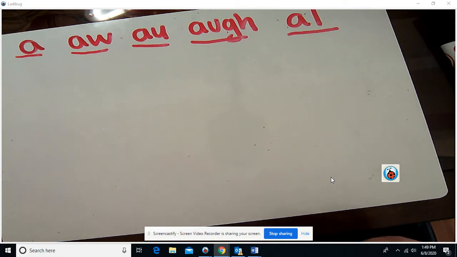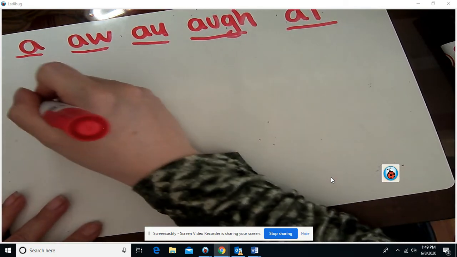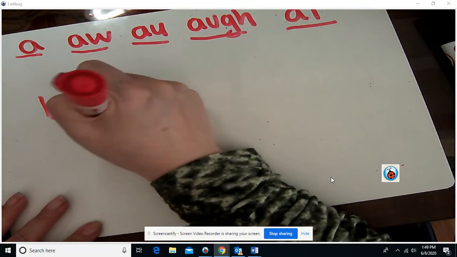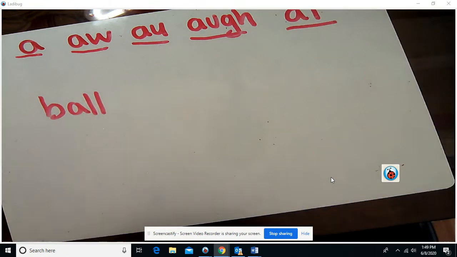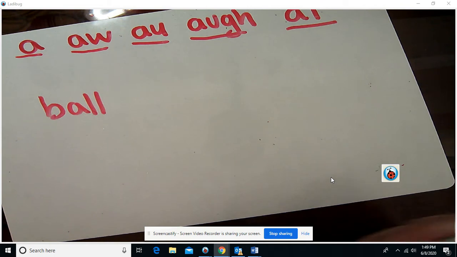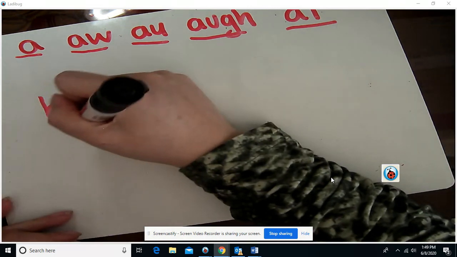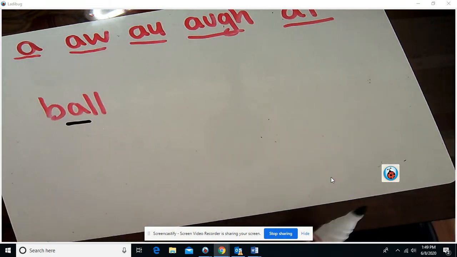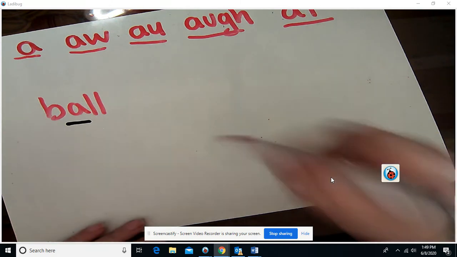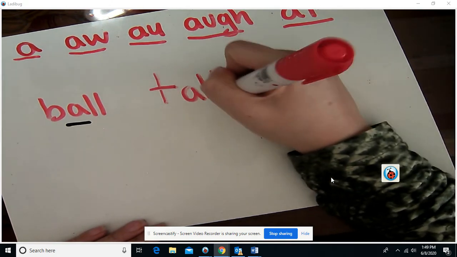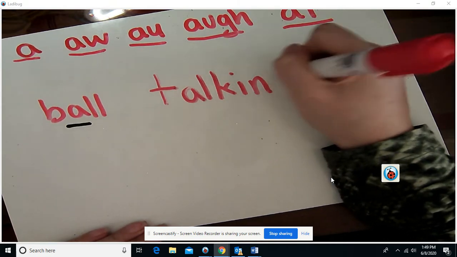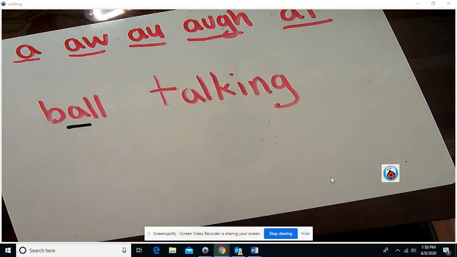For example, if I have the word ball, then we have that ah sound. Ooh, this word's a little bit longer. Talking. So we have talking. This one's tricky because you look at that L and that K and you're like, oh, talking.